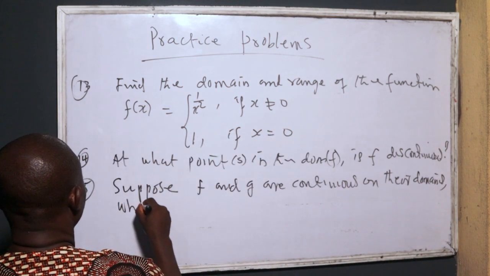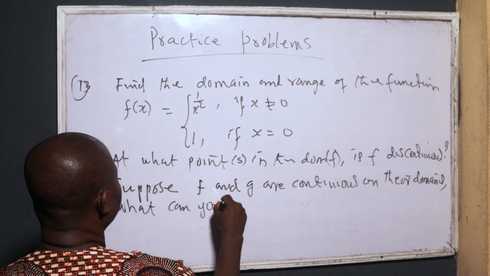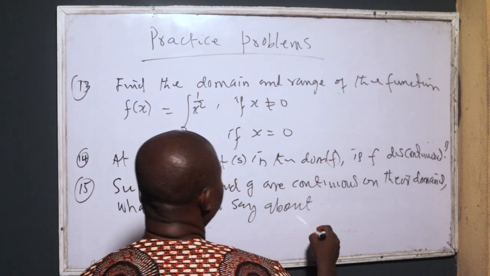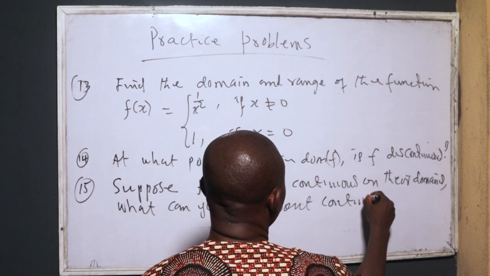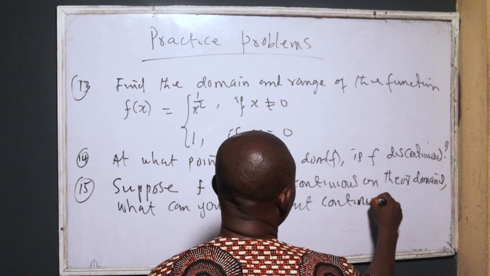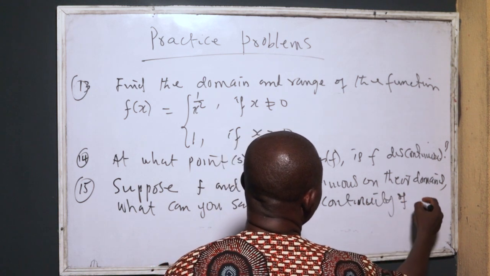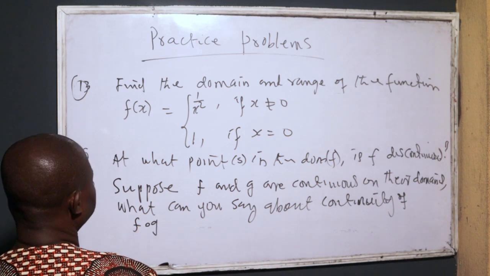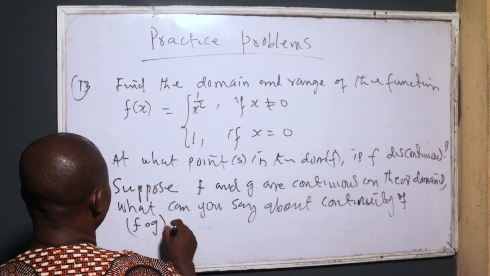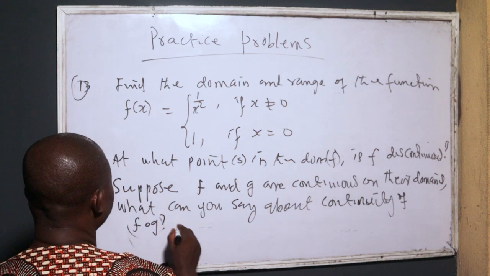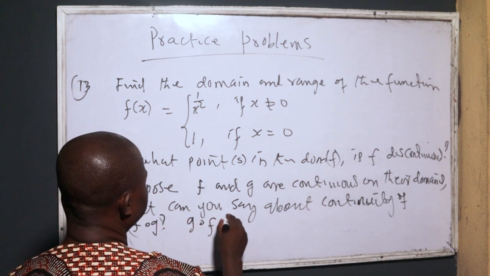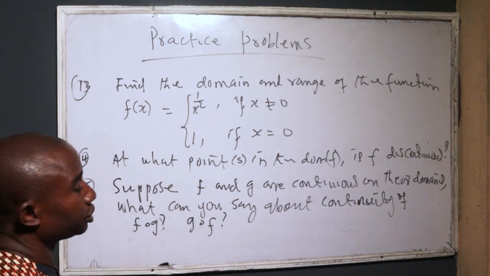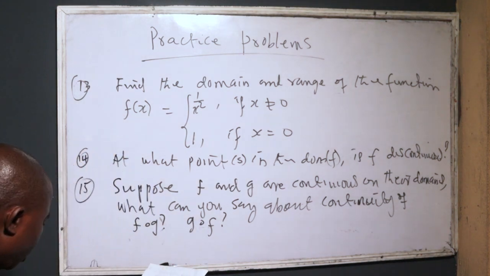What can you say about continuity of f composed with g? Okay, f composed with g, g composed with f. If these two compositions exist, what can you say about their continuity?